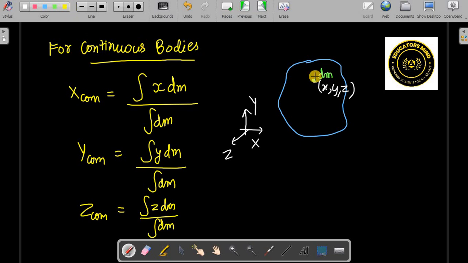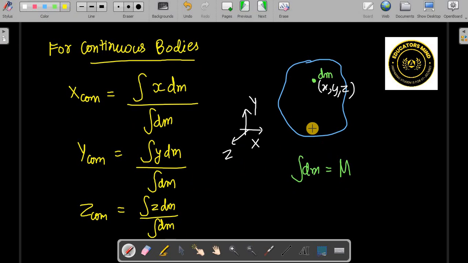This x, y, z is nothing but the position of the element that we are choosing. That x, y, z is the position of that element, and then we are going to integrate. Of course, here the integration of dm is nothing but the total mass of the entire system. So we can do that.